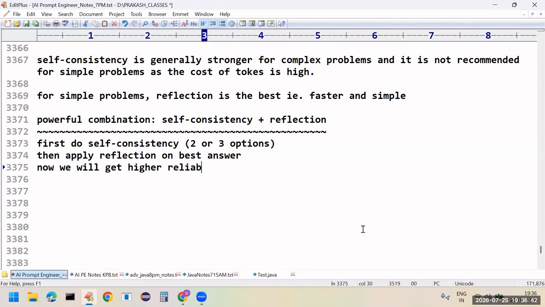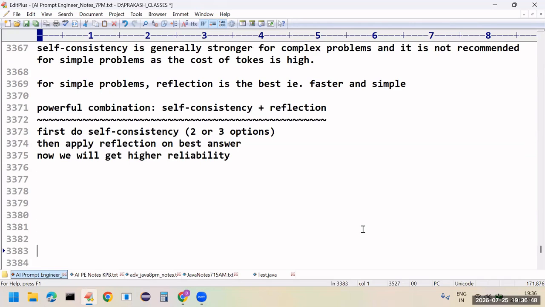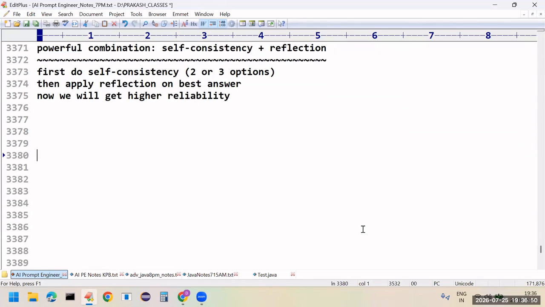Am I right, friends? Think a bit logically. I have a problem, can you please solve that problem 3 times with 3 different approaches? Then after getting the solution, is there any problem in that method? Can you please analyze and improve that? Like that we are asking. Don't worry, if you see the example, you will get clarity. But the agenda is clear, right? Yes, sir.